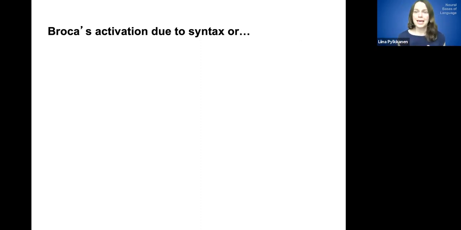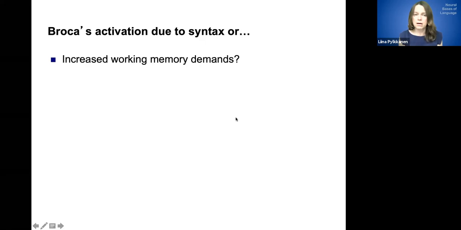So it could, of course, be the case that Broca's area does perform some kind of real syntactic computation, like maybe builds those long distance dependencies or something like that. But there were other hypotheses that also were possible. So one very obvious one that you want to wonder about immediately is whether the effect might actually be due to working memory.